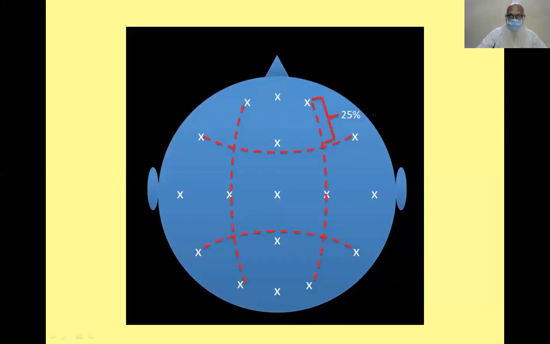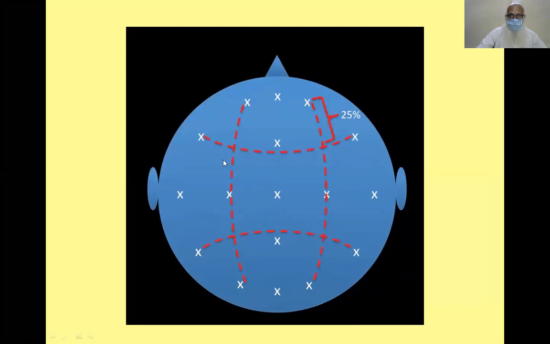Then further you can see it in a similar way, and all of them can be attained from here. So the nasion, inion, then the periphery corresponding to nasion to the auricle and inion.